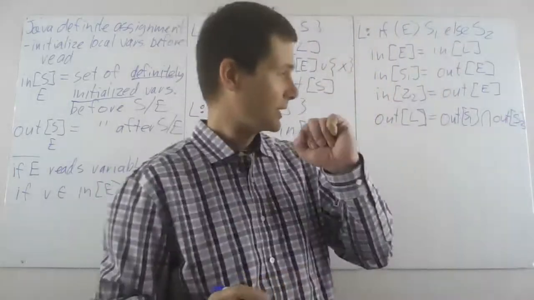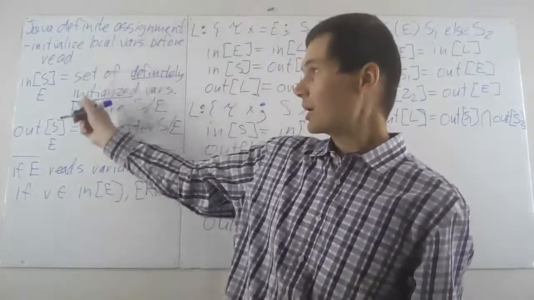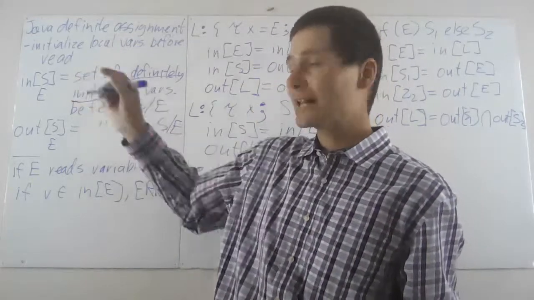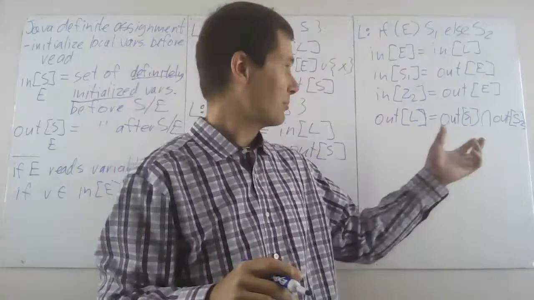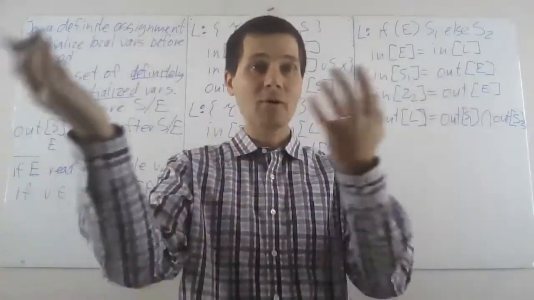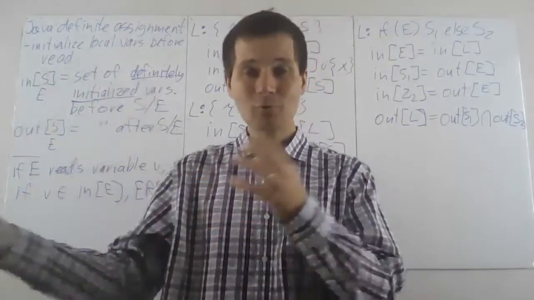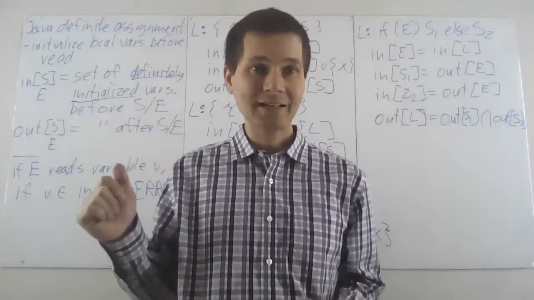Typically when you have an analysis where the flow values are sets, you merge them either with union or intersection, and which one you do depends on the specific analysis.